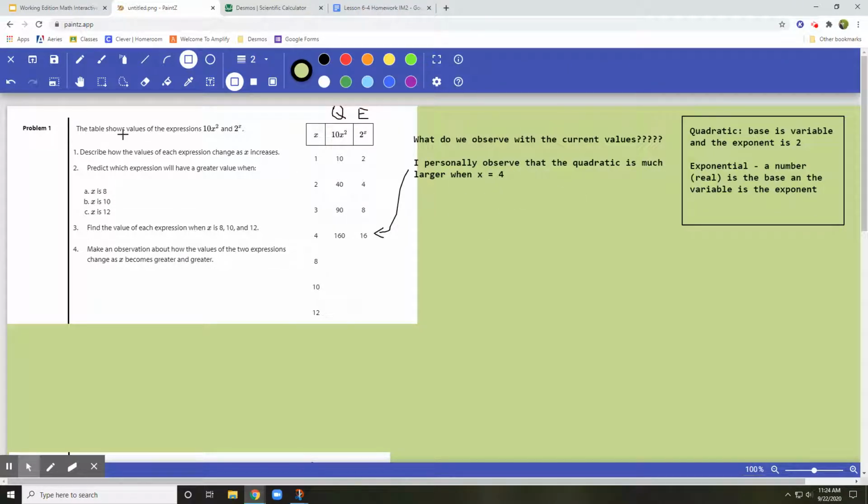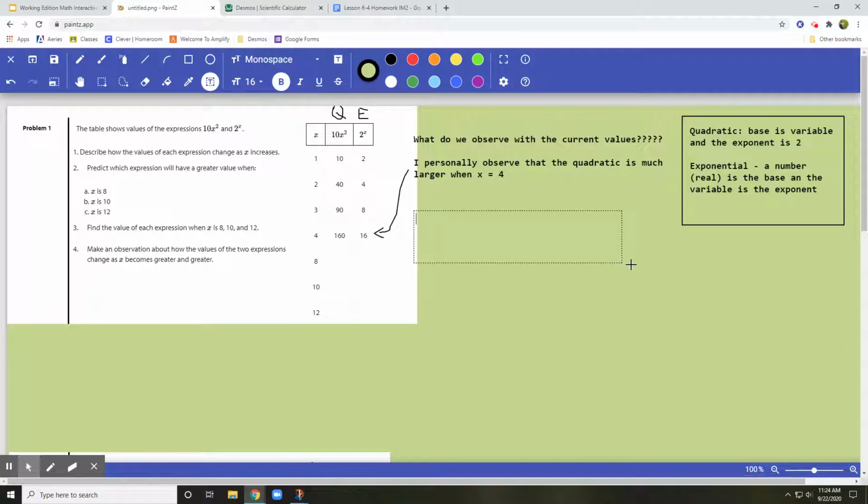So we're observing this. What do we think is going to happen? Well, maybe you recall that usually the exponential function gets larger eventually.